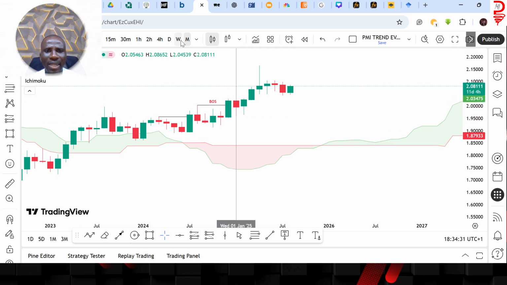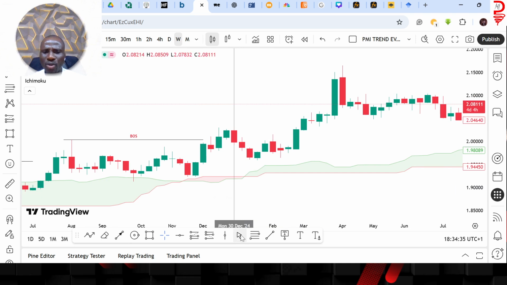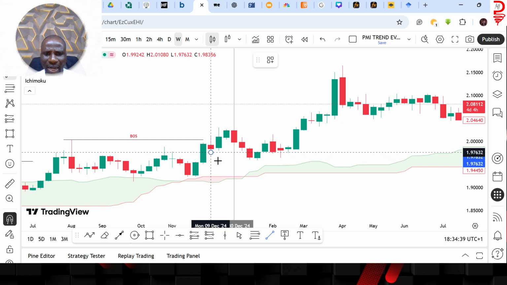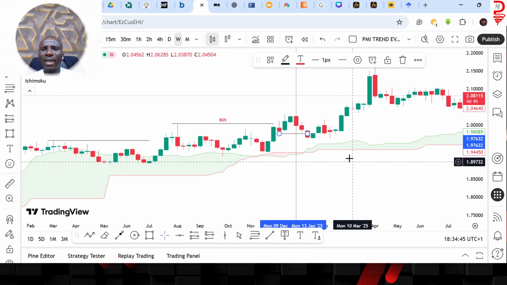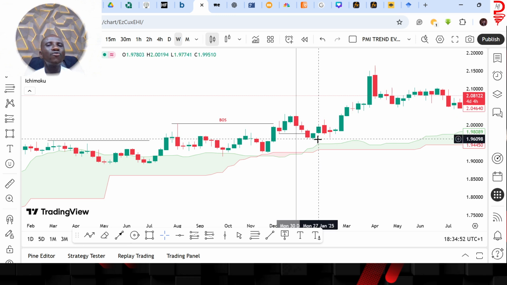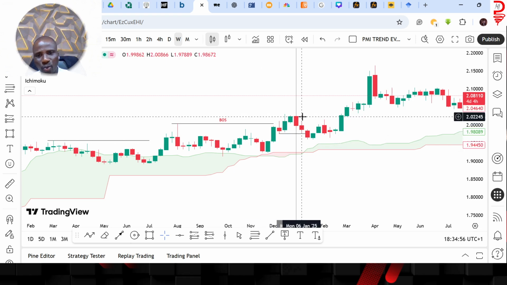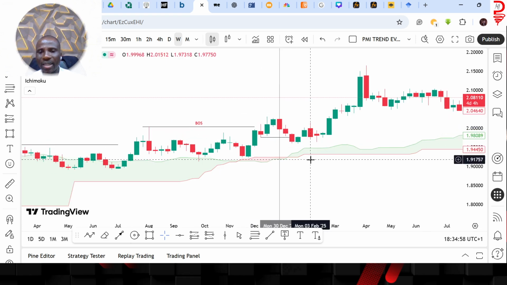Now, you will notice that on the weekly chart, there was a break of structure to the downside around this place. This is further confirming that you have a monthly corrective move or corrective wave because a weekly structure was broken to the downside.